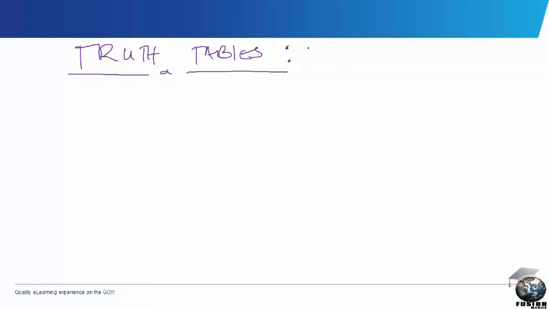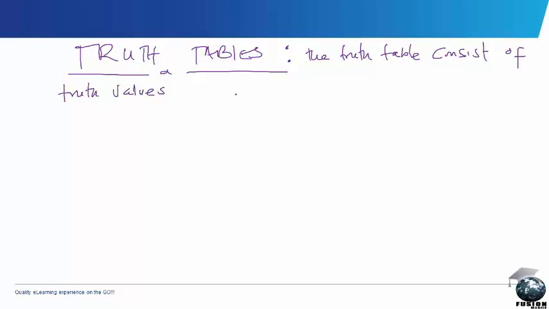I can say that the truth table consists of truth values. And we said the truth values are true and false. The T represents the truth, while the F represents the false.